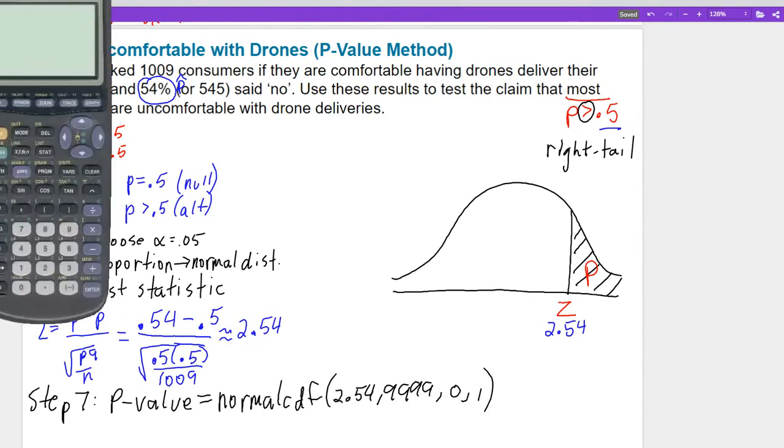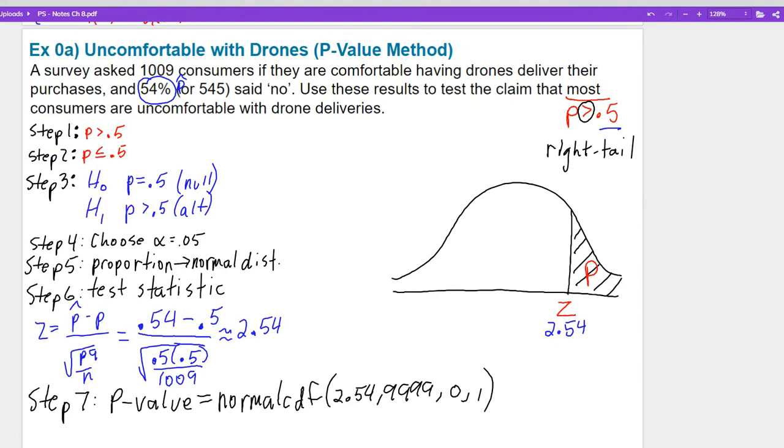Let's see. I know this is really small. I can't even get it to work. Well, never mind then.